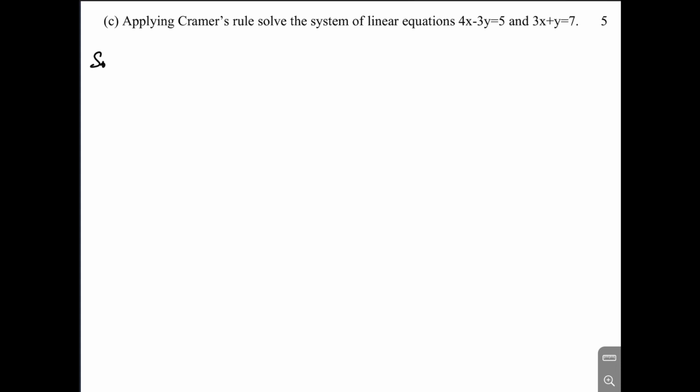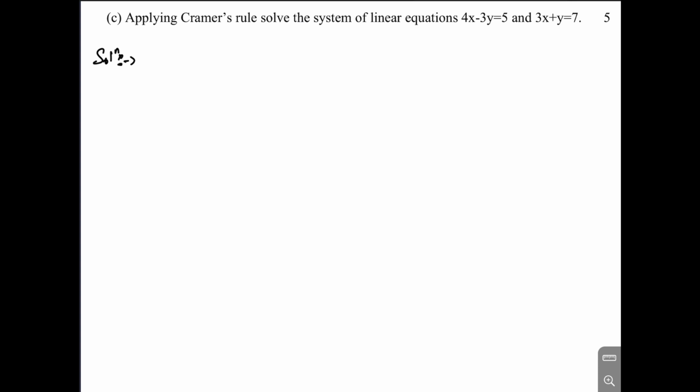Next question. Apply Cramer's rule. Solve the system of linear equations 4x minus 3y equals 5 and 3x plus y equals 7. Let's try to solve the problem. Let me consider delta equals the determinant [4, -3; 3, 1].